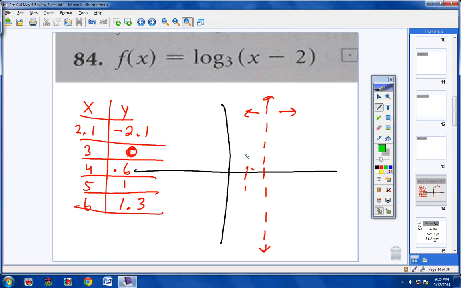So over 2.1, down 2.1, about right here, and then 3 would be 0, and then 4 would be 0.6, and then 5 would be about a 1, and then 6 would be 1.3. So, you know, not perfect, but you're getting the idea, I hope.